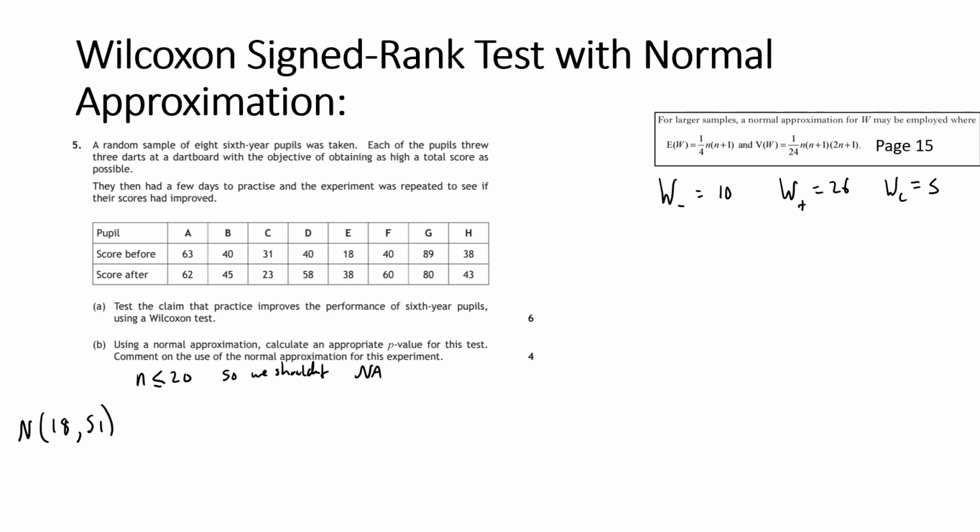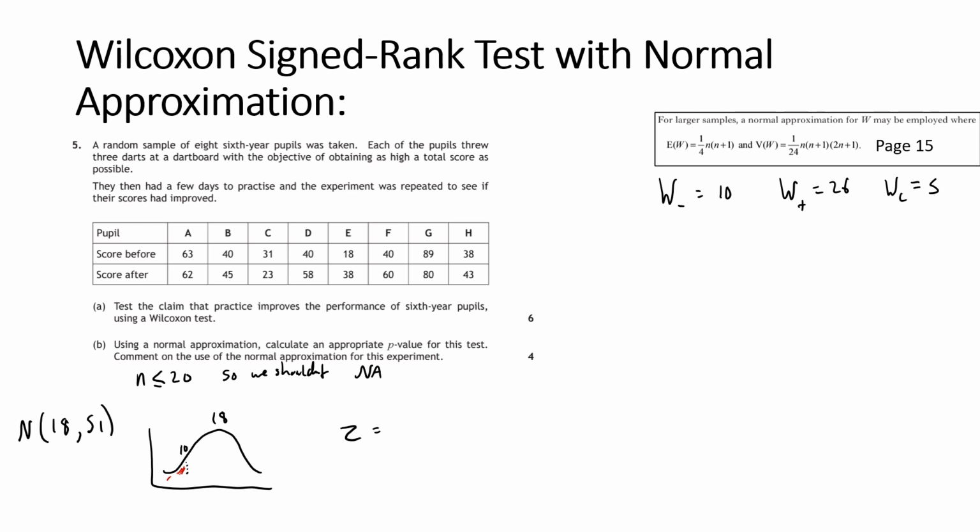If I were to draw this distribution here, put 18 here, put 10 here, draw a dotted line here, it's asking for this value here. How we go about getting that is by getting a z value. So z is equal to 10 minus 18, but we are making a slight mistake here. We need to do a continuity correction.